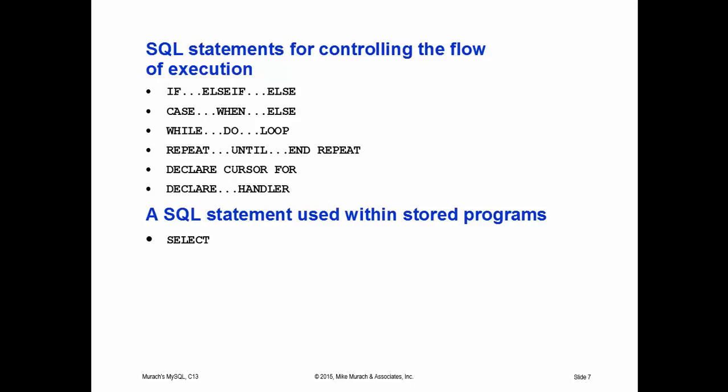The last one, the declare handler, defines some kind of a handler that's executed when an error is encountered. The select that's in there returns the result set to the calling program or retrieves data from a database and stores it so it can be used by the program.